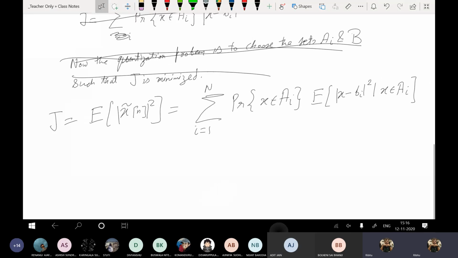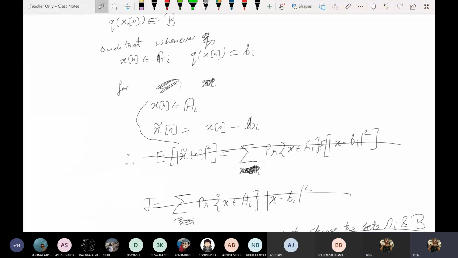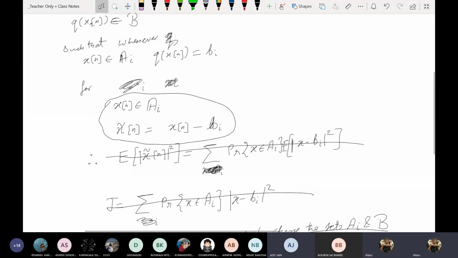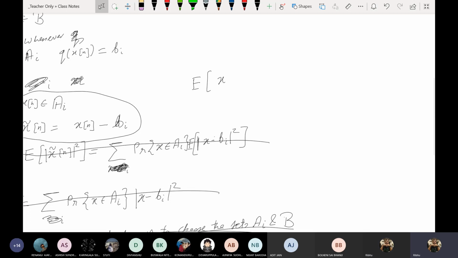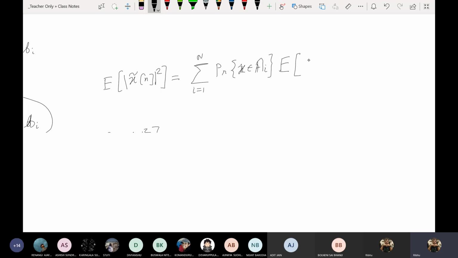So expectation of x tilde n whole square can be written as summation i equal to 1 to n probability x in ai times expectation of x tilde n.